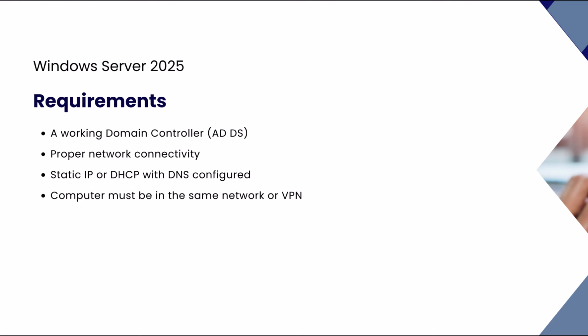But what is important is the configuration of DNS. In the Windows 11 DNS, you need to enter the IP address of your domain controller. That is how Windows 11 knows which domain controller it has to look up. Then the computer must be in the same network or VPN. That is the minimum requirement to join Windows 11 or any computer to a domain.